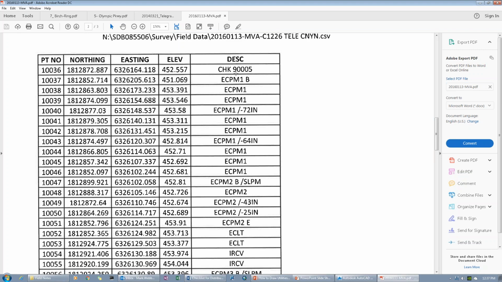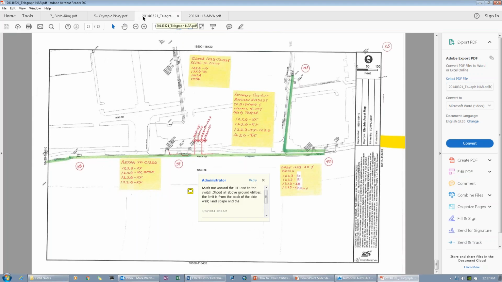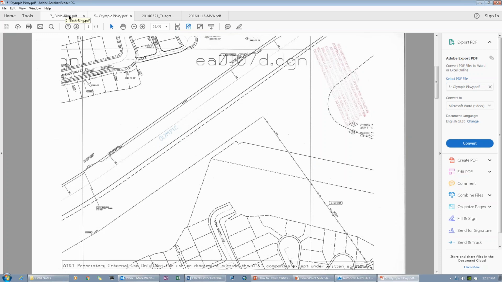So you actually have the point listing. You can go back through their notes and through the notes of the utilities. Okay? So you've got utility owner telling you certain things. You've got surveyors telling you certain things. Your job as a designer is to bring all that together and give a representation on the drawing that makes sense. Okay? So you're going out of this structure, coming out and going into this structure.